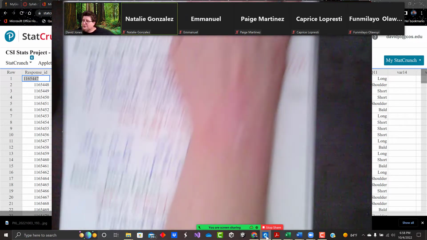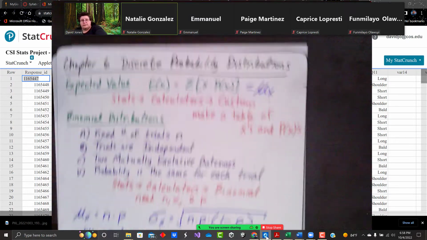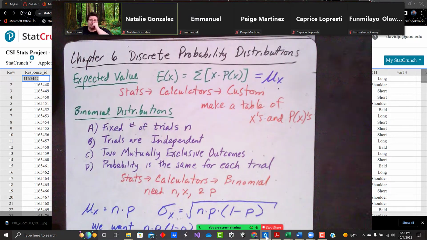Then we had our discrete probability distributions. Expected value is the mean of some stuff. Discrete means it's whole numbers. It might have a decimal, like if we're talking about money, $3.01. It's got a decimal, but it's still technically discrete because it doesn't break down any smaller.